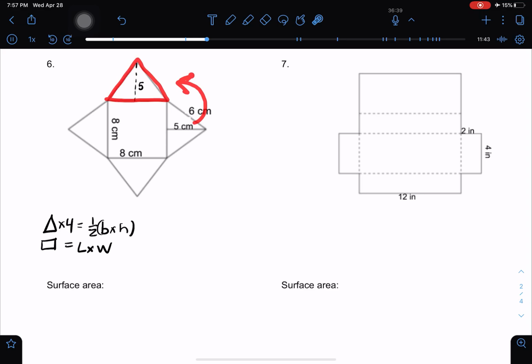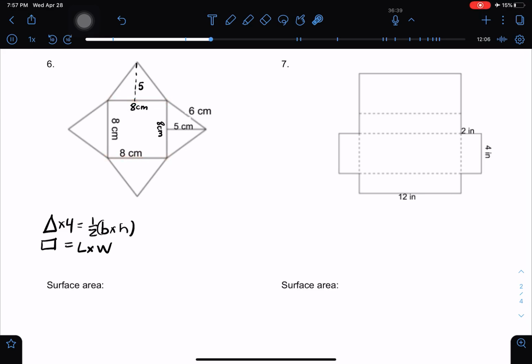So we know that that has a height of 5 because all of these 4 triangles are congruent, and we know that these both have bases of 8 centimeters. And we know this because the distance from this vertex to that vertex is the same as it is from here to there.